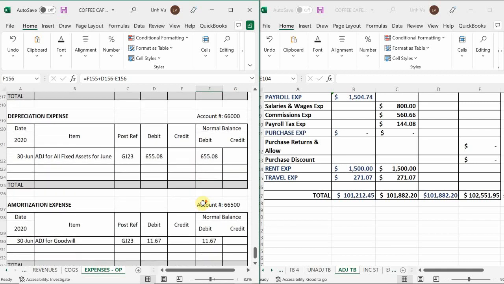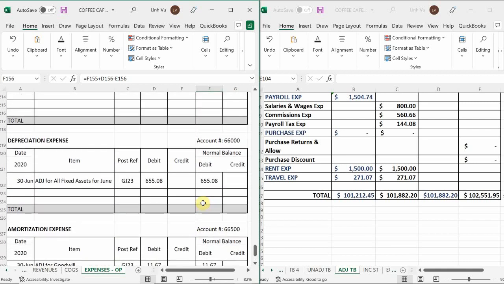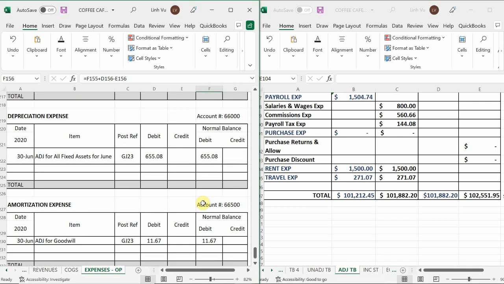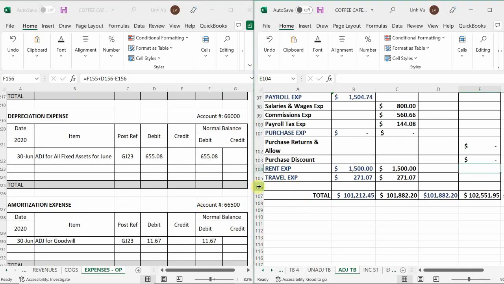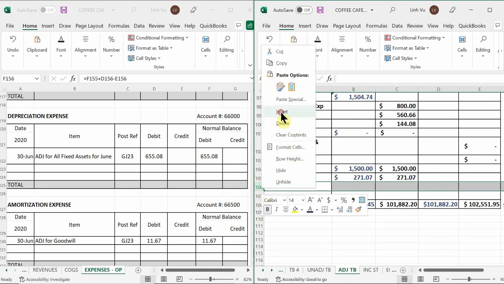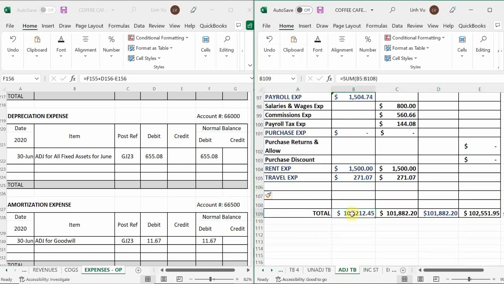And my last two accounts are my depreciation expense and my amortization expense. So I have to actually insert these into here. Okay, and we have to ensure, does the formula include those formulas? Okay, so in this case, I have depreciation expense. And I have the amortization expense.